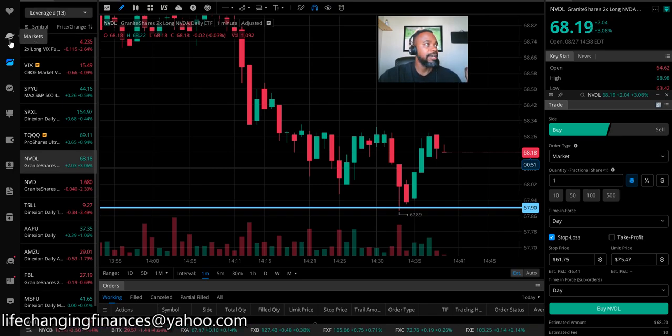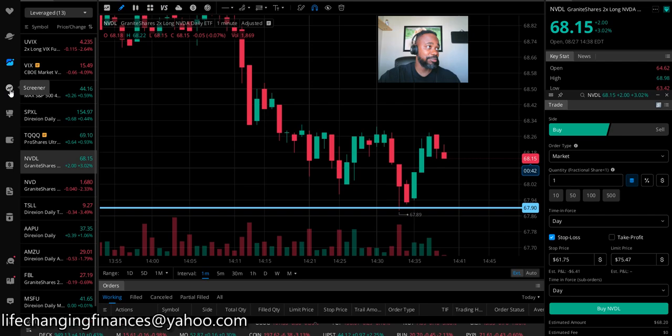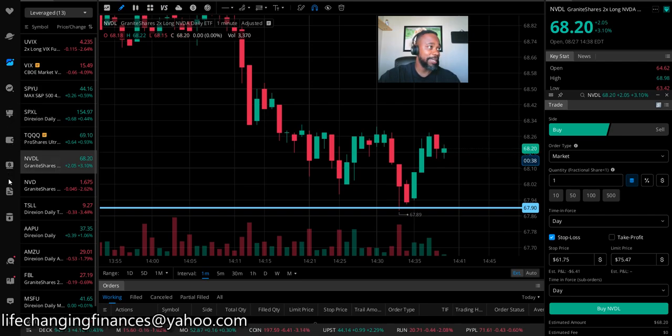Along with that, on the left side, you can see tabs inside your Webull app. So you can see there's markets, there's stocks, there's the screener. You've got custom things you can do. You can see paper trading, and paper trading we've spoken about. If you want to practice, you can go to that tab, and then you've got options.